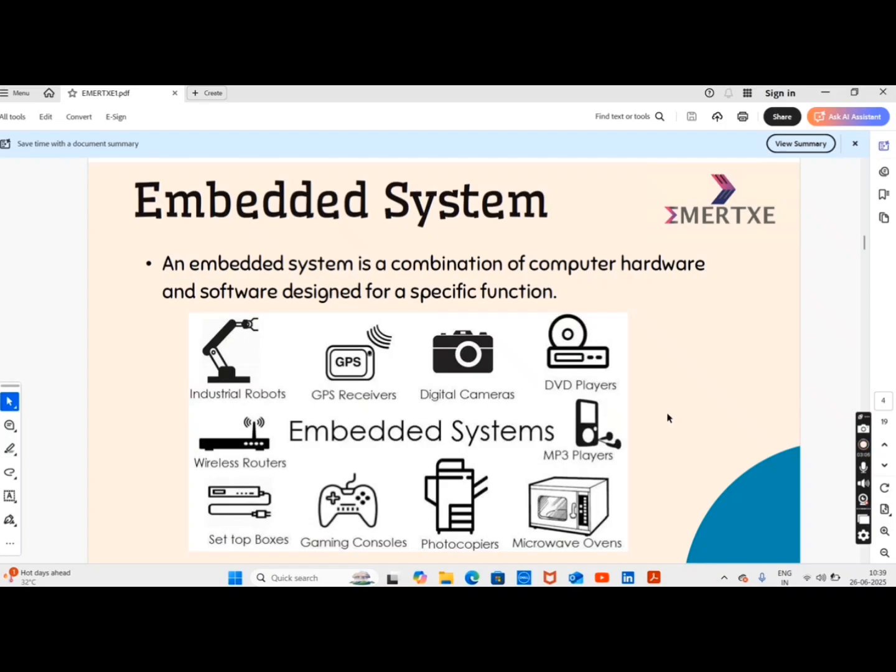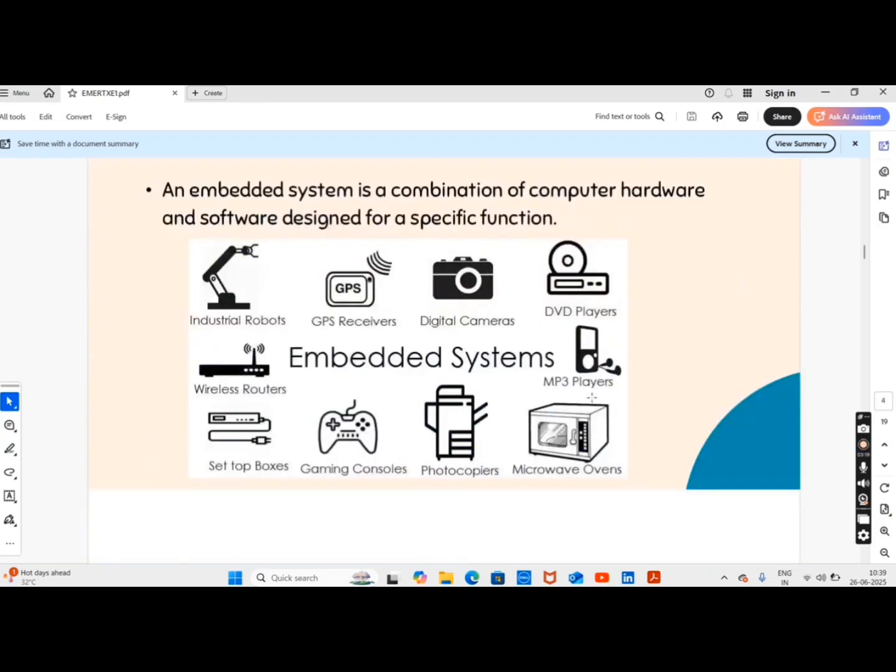In 90% of houses, there is a microwave oven, which is based on an embedded system. Photocopier machines, gaming consoles, and set-top boxes are also based on embedded systems.